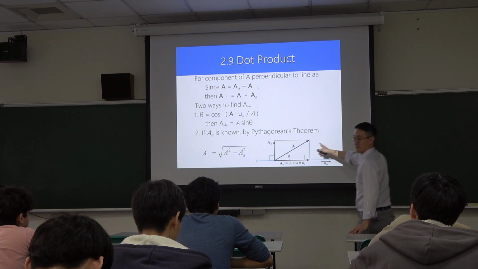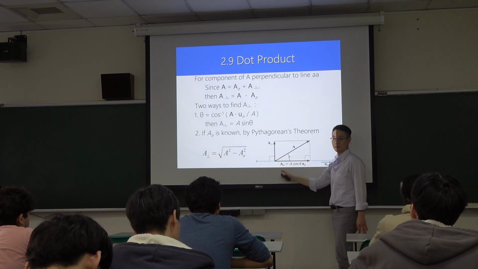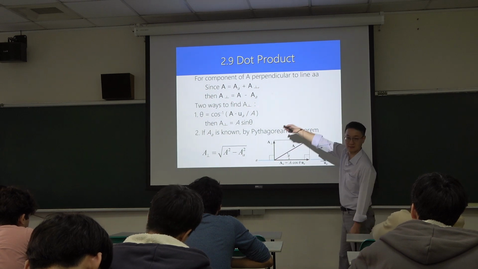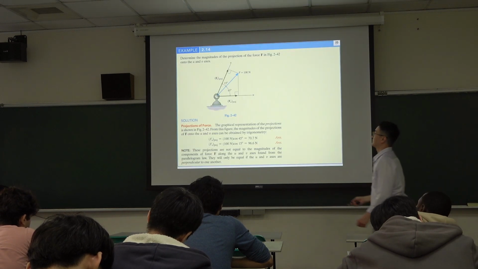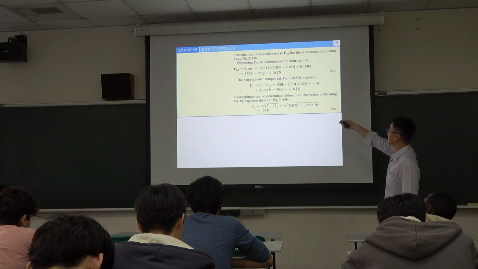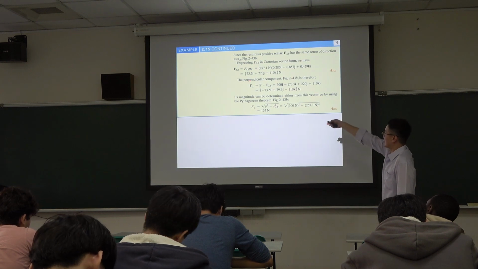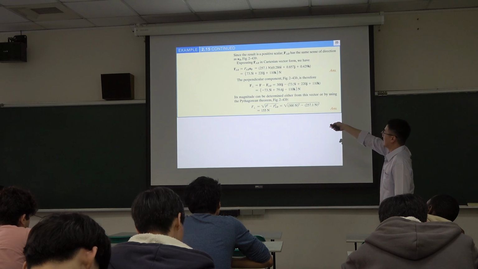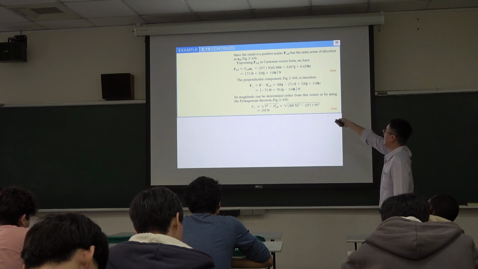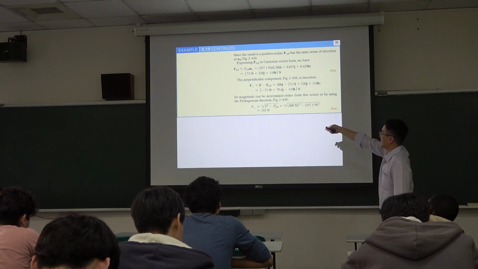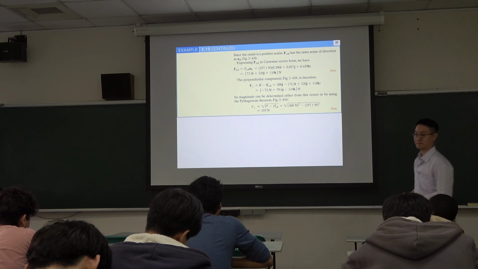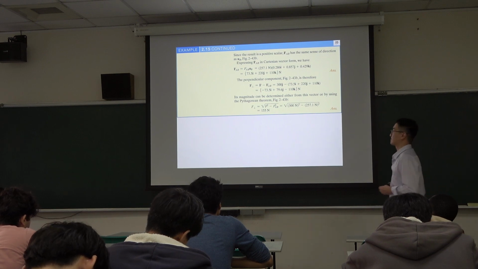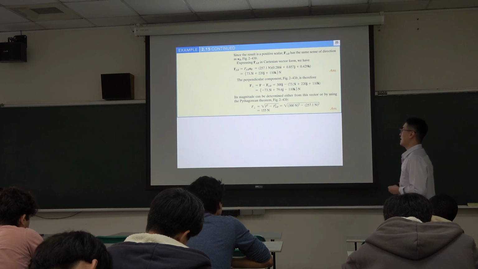Although it's two-dimensional, it comes from here: we have the original vector minus the parallel, which gives us the perpendicular.